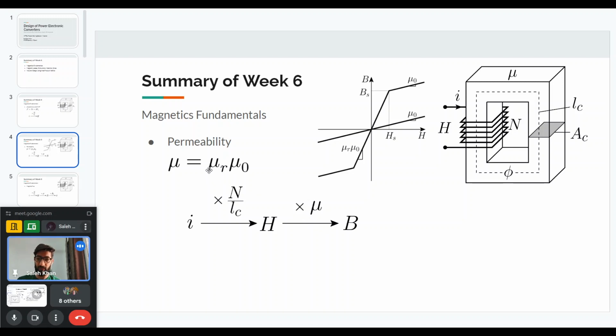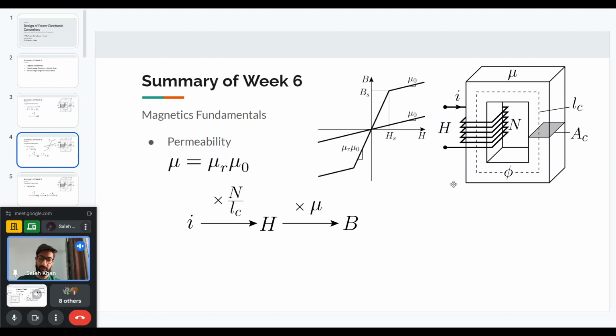This relative permeability is a dimensionless constant depending on the material, and usually it ranges from some tens to hundreds, thousands, and even more than that, tens of thousands, depending on the material. So it increases the possibility of the magnetic flux being produced inside a material.